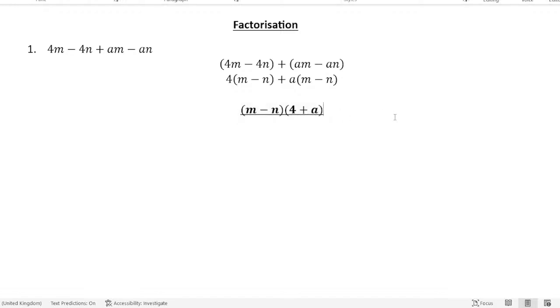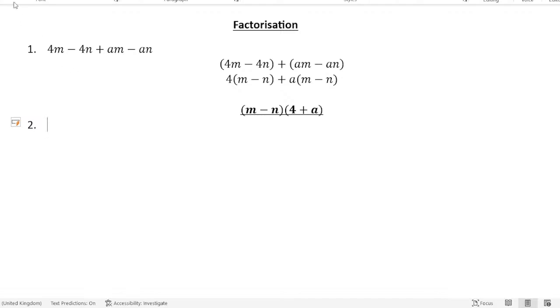All right, now I'm going to give you only 3 minutes to factorize this expression.